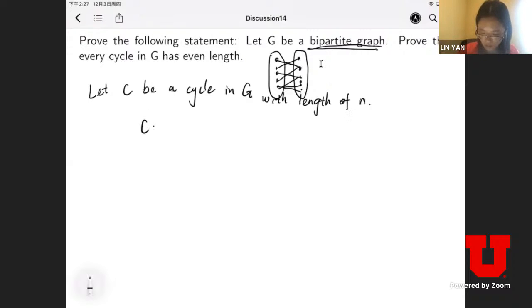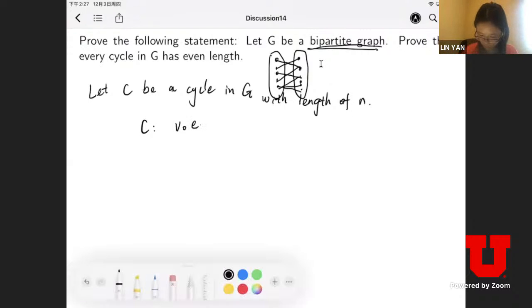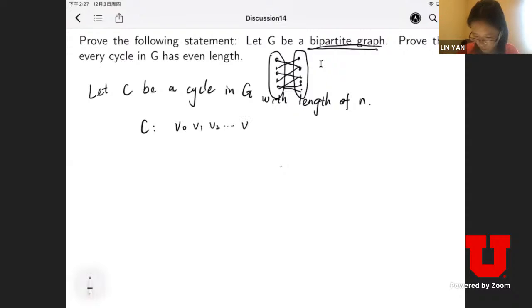And we can write it as V0, V1, V2 to Vn minus 1 to V0. Because it's a cycle, the starting point and the end point should be V0.